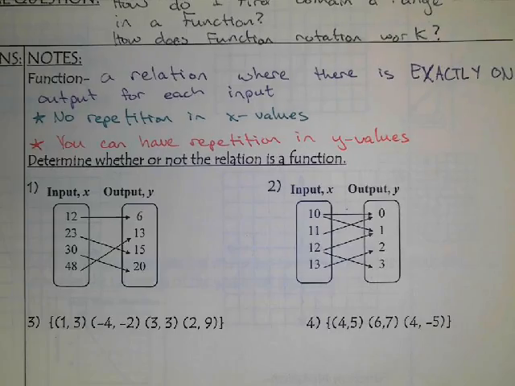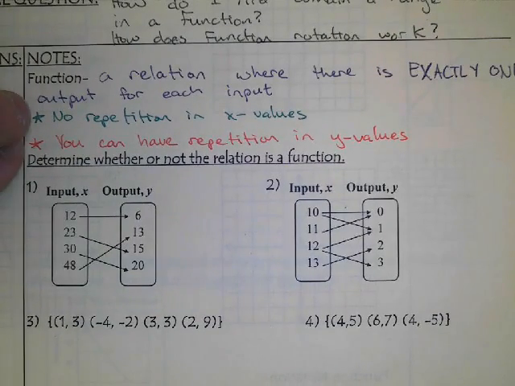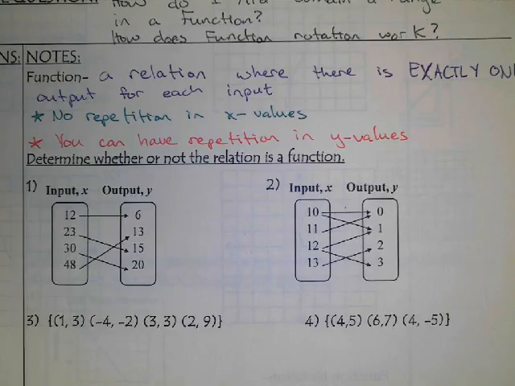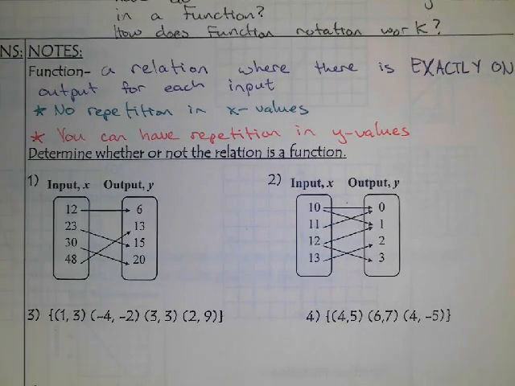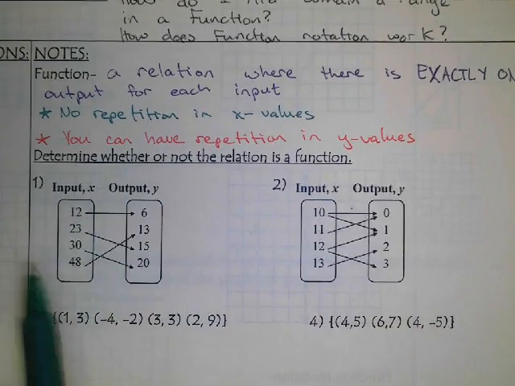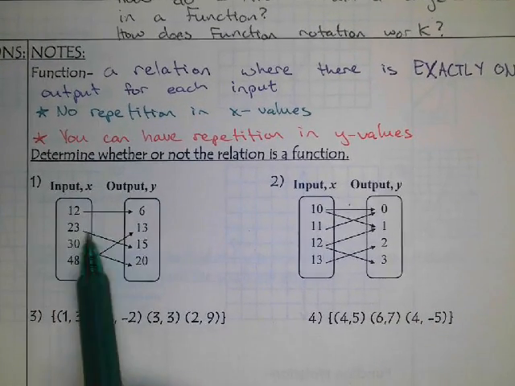So for me, the easiest way to look at these is to use these two ideas. I cannot have repetition in the x values, but it is okay to have repetition in the y values. So let's decide if these are functions. I look at my input being my x values, and is there any repetition in my x values?